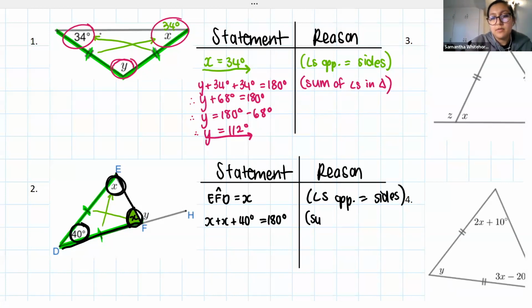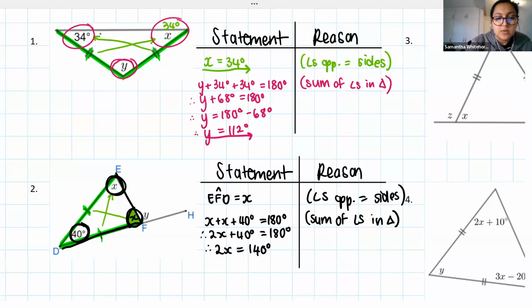Sum of angles in triangle. X plus X is 2X, so I add those like terms together, plus 40 equals 180. We subtract 40 on both sides, remember inverse operations, giving me 2X equals 140. I now need to divide both sides by 2 to get X alone, and so X is equal to 70 degrees.